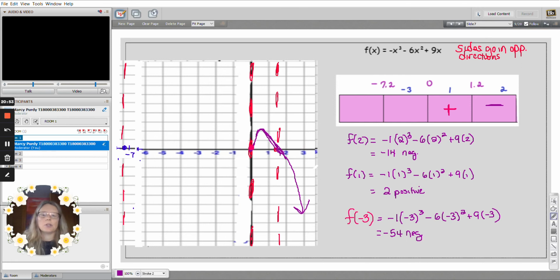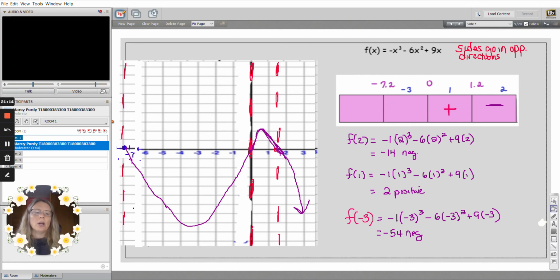So that tells us the graph goes through the x-axis, comes down, turns around, goes back to this x-intercept of -7.2. Then we need to decide, what does it do at that point? Does it bounce off the x-axis and go back down, or does it go straight through?